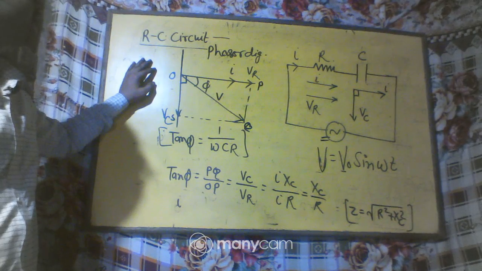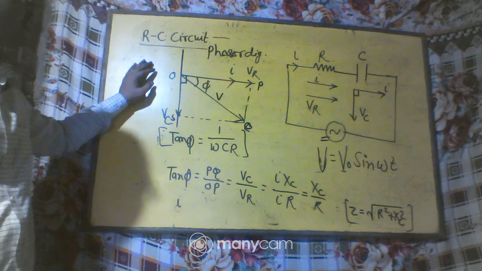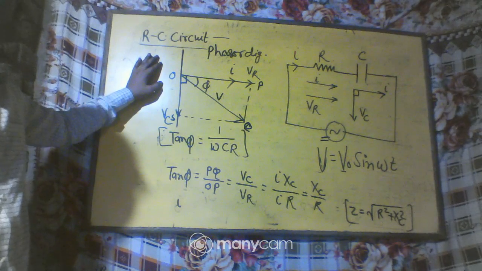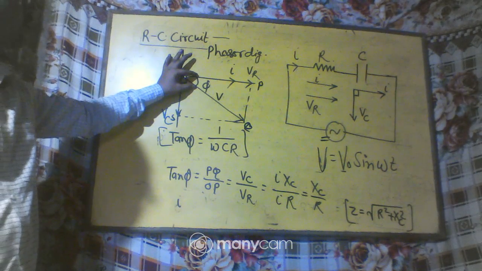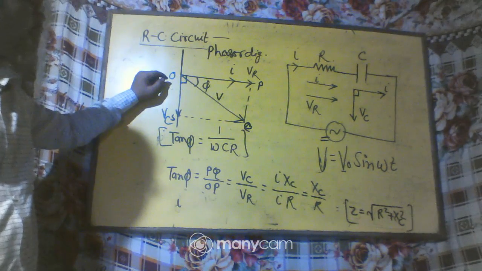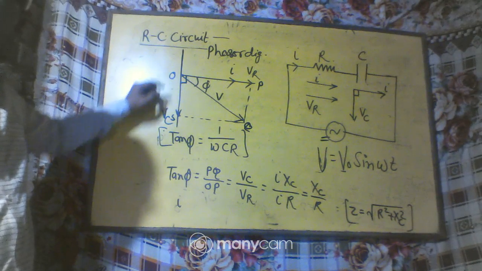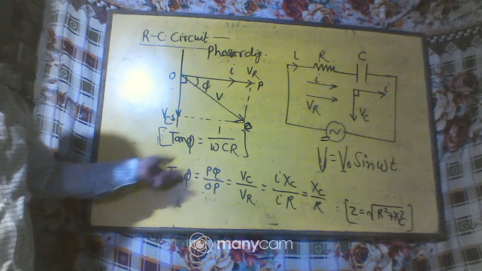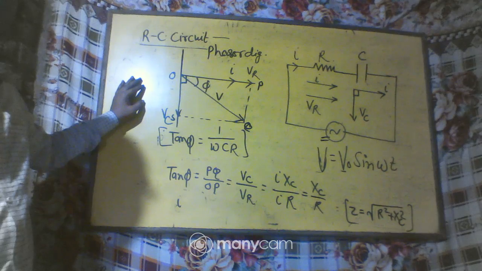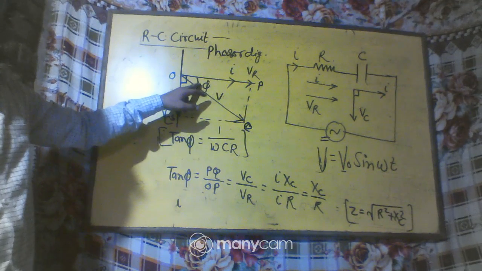And the phase difference for this circuit is defined as the phase angle between the net voltage and the current flowing in this circuit, that is shown by phi here. So we can find out this phi by using the formula, that is tan phi is equal to perpendicular, means the PQ, and the base, that is OP.